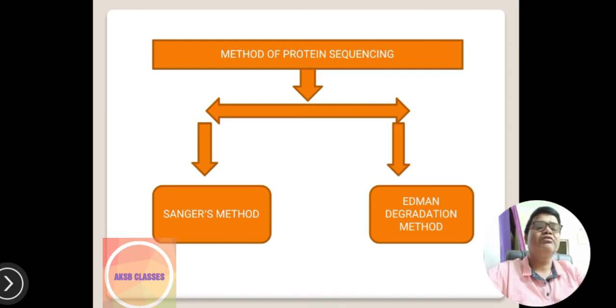There is one reagent that was used by Sanger, that is 1-fluoro-2,4-dinitrobenzene, FDNB. And the second method is the Edman degradation method. These are the most prominent techniques for sequencing of protein.